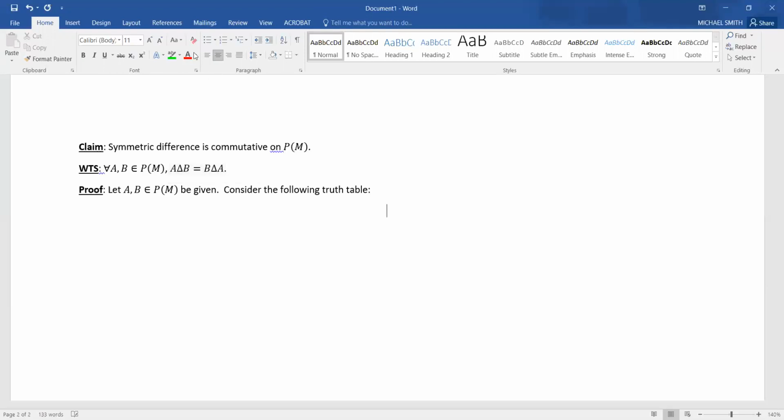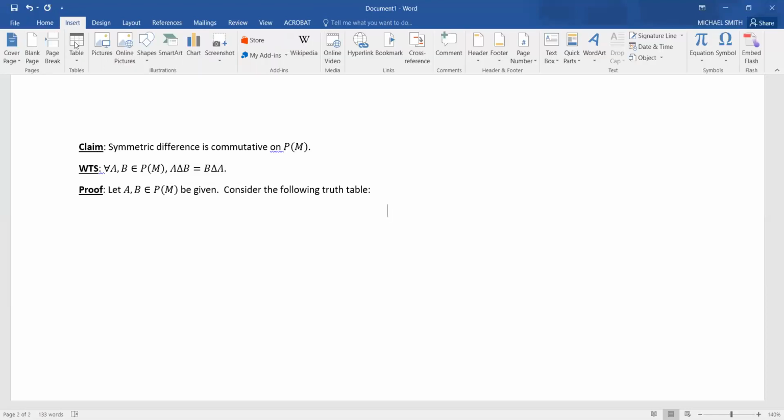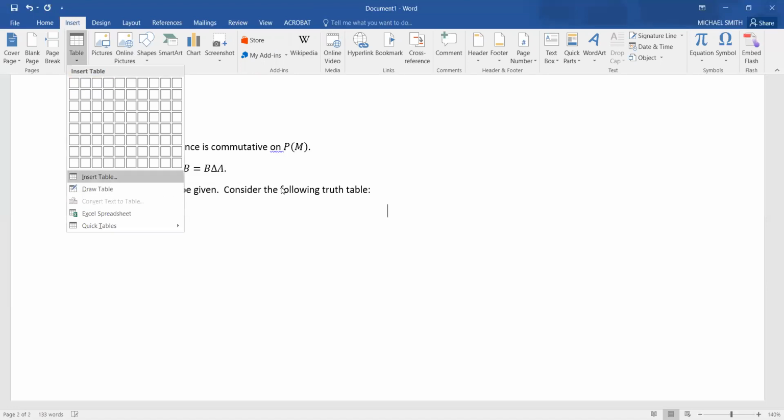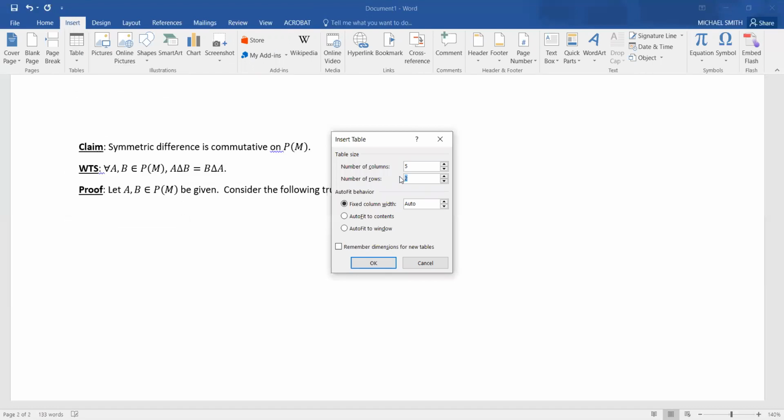And let's make a table here. We have got x is a member of A and x is a member of B as our two independent propositions. And we are going to need, therefore, 4 rows plus the heading. And we are going to need 4 columns.